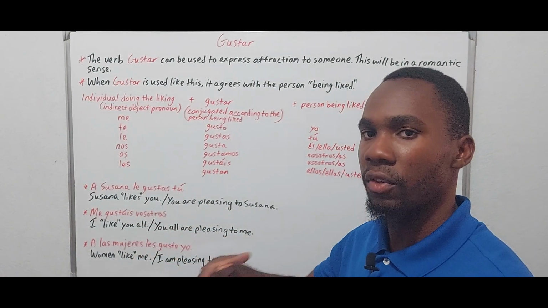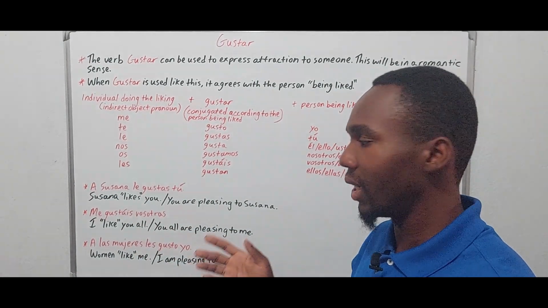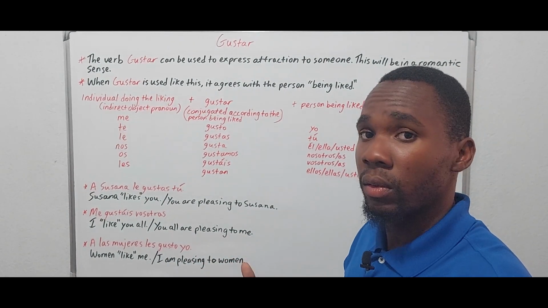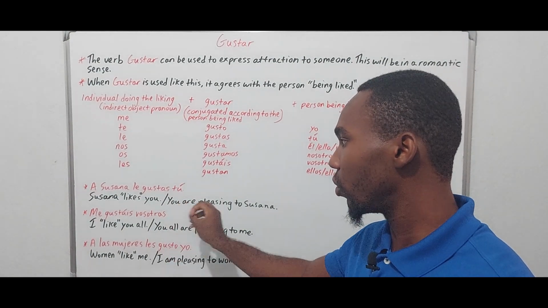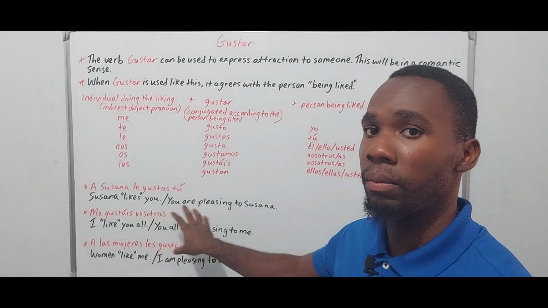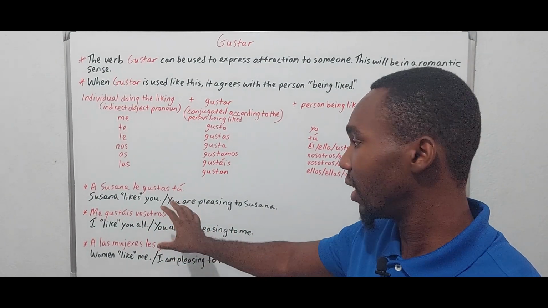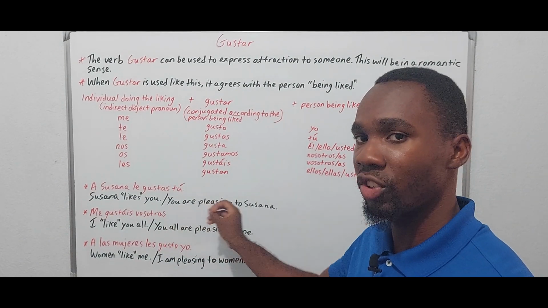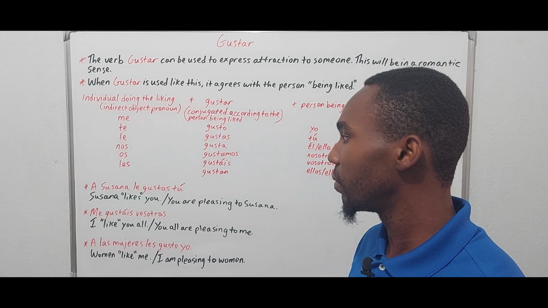So me refers to the first person singular, and we wouldn't have to say a mí unless we want to add emphasis. Me gustáis vosotros, vosotras. So vosotras would be the people that are being liked, right? And in this case, they are female, so we say vosotras. I like you all, you all are pleasing to me.